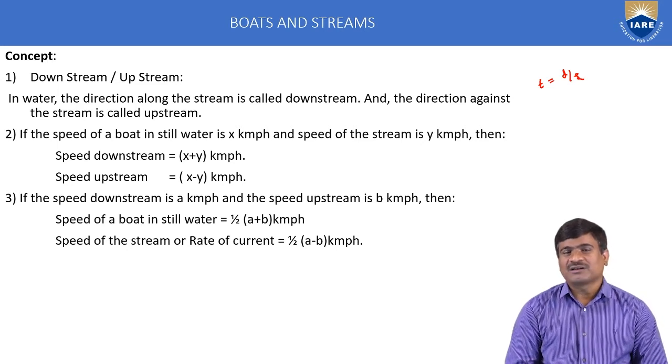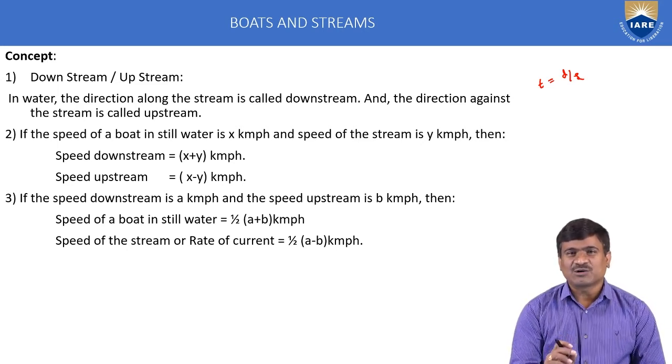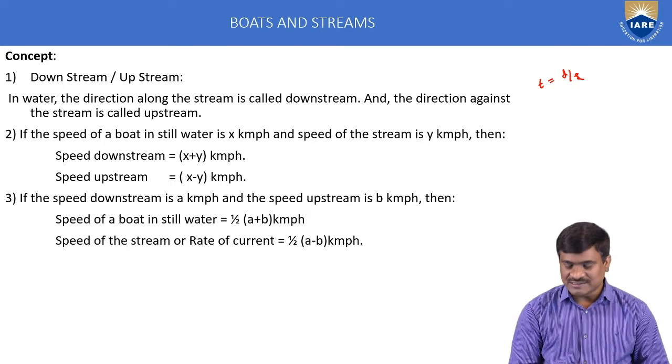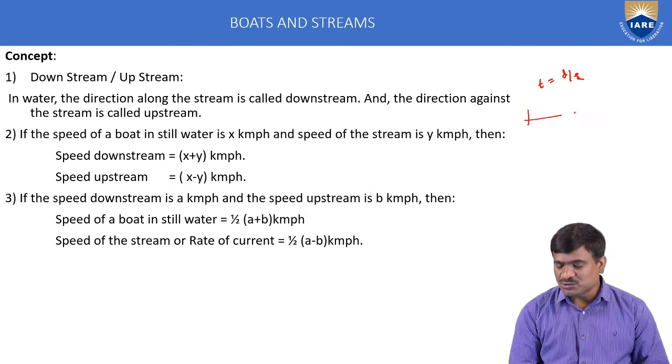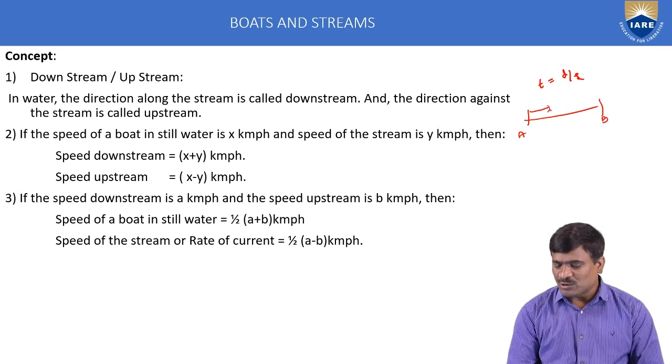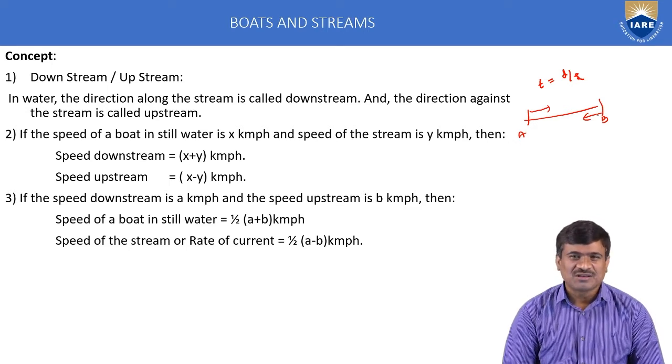In the next part, the definitions: what is downstream and what is upstream. In water, the direction along the stream is called downstream, and against the stream is called upstream. Otherwise, consider two stations, A and B. A to B is called downstream and B to A is called upstream.